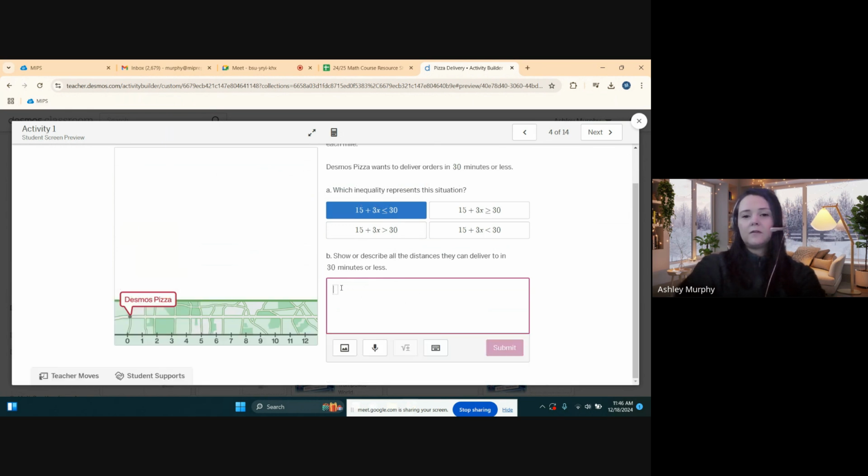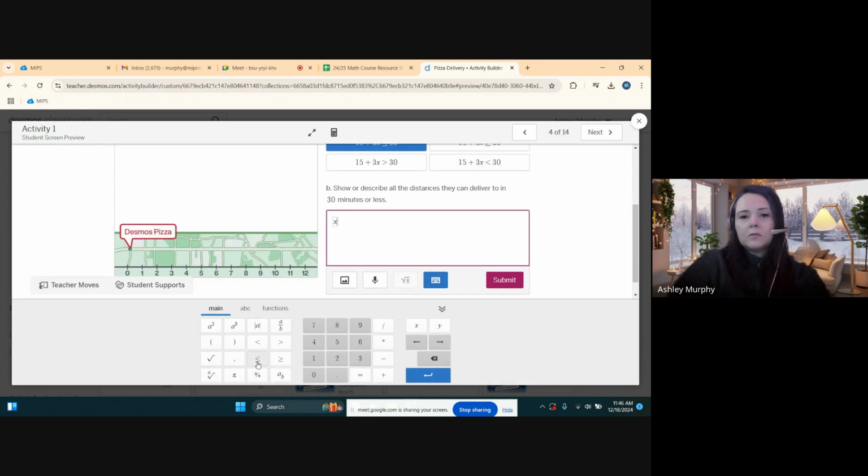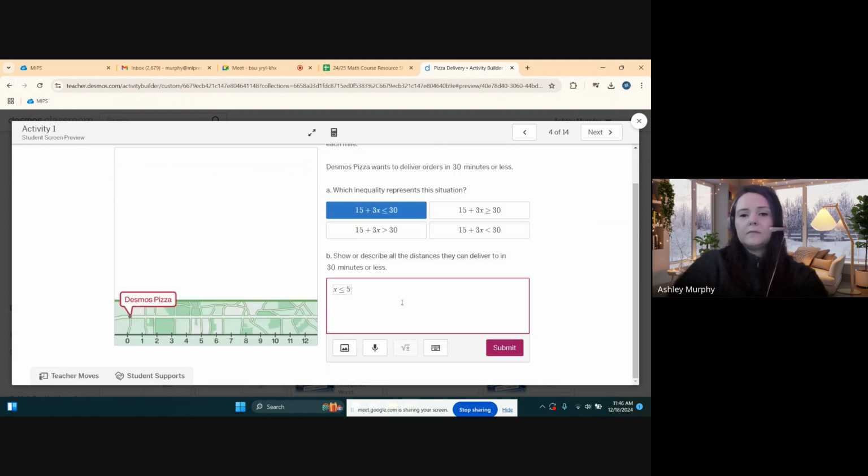That would give us 5. So the answer is 5, but you keep the inequality symbol the same in your solution set. So as long as the person lives within 5 miles of the pizza store, then they can deliver.